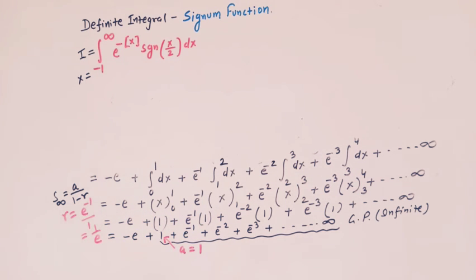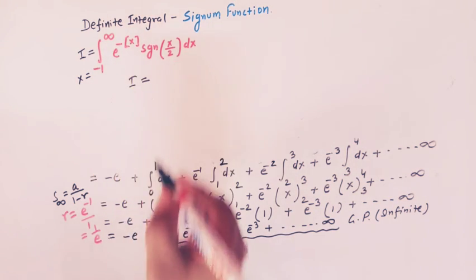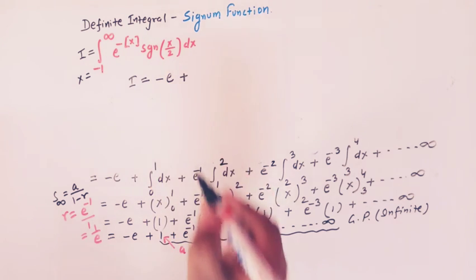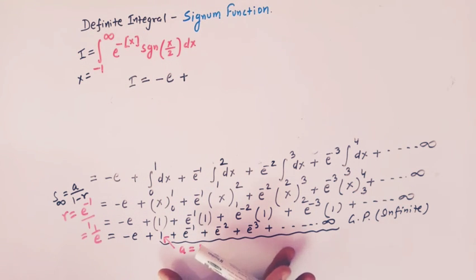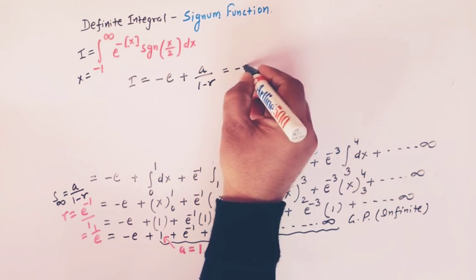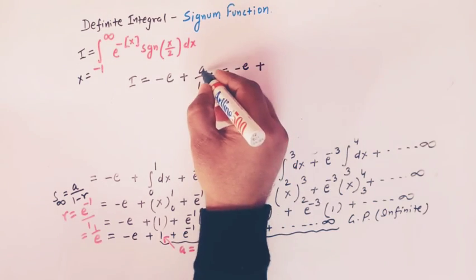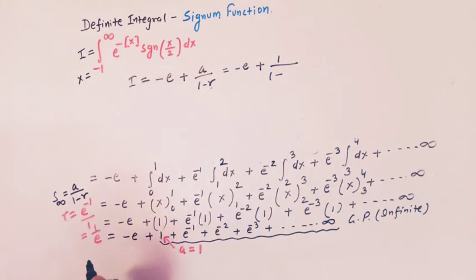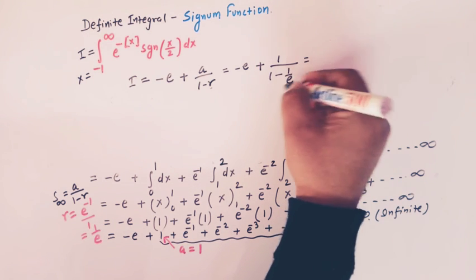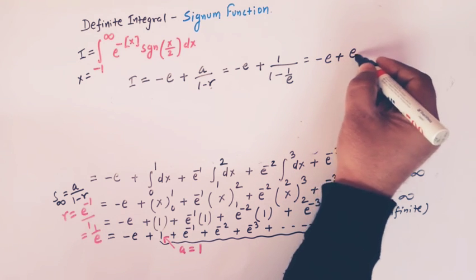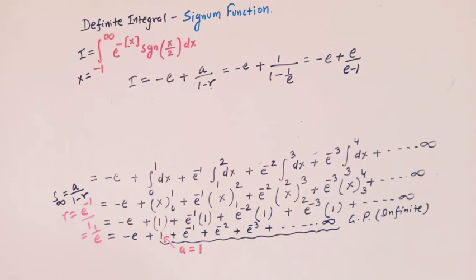So now this integral I can be written as, see, this is the term minus e, and then we have this geometric progression, which is a over 1 minus r, right? So we have minus e plus, for a we have 1, and for r we have 1 over e, right? Now we can simplify it. So this is minus e plus e over e minus 1, right?